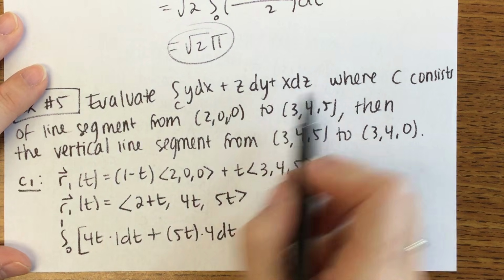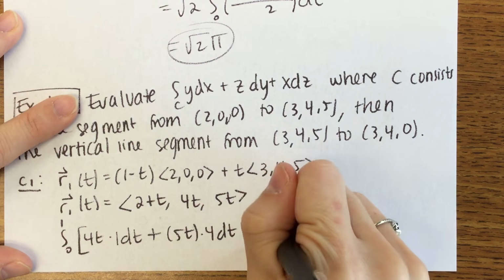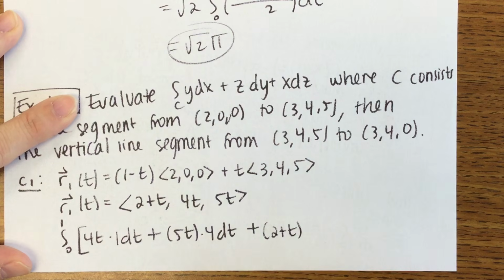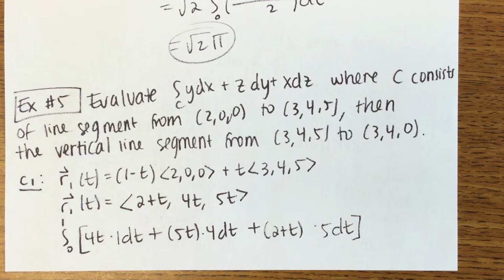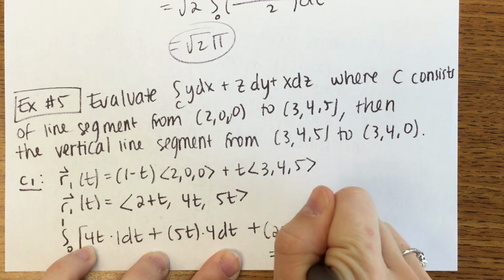And then we have x dz, so x is 2 plus t, dz is 5 dt. Okay. Can I trust that we are fine integrating that? Okay. It ends up being 24.5.